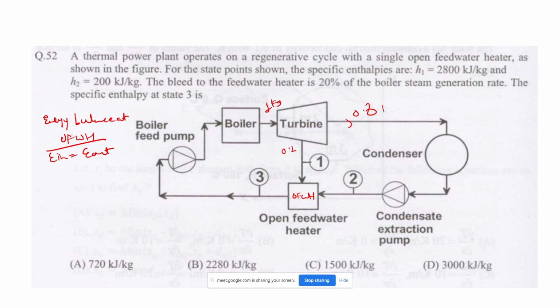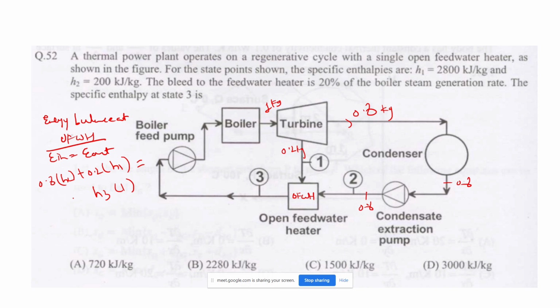So this will be 0.8 here, and also 0.8 before entering, plus 0.2. Just apply the energy balance. 0.8 into H2 plus 0.2 into H1 is equal to H3 into 1, because 0.8 plus 0.2 will become 1 only.